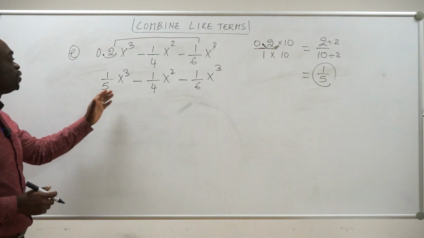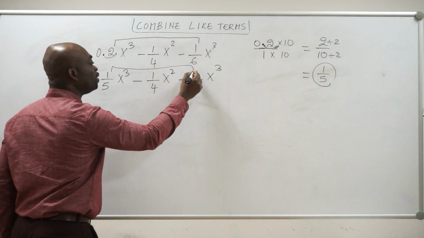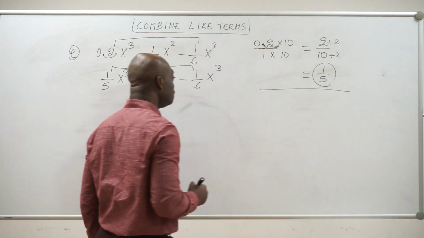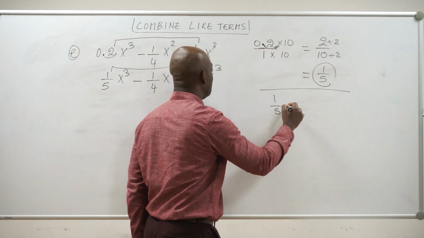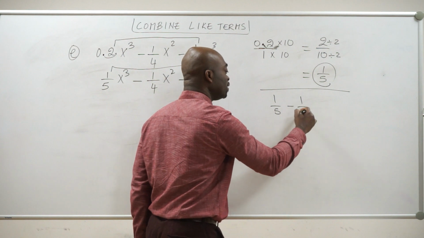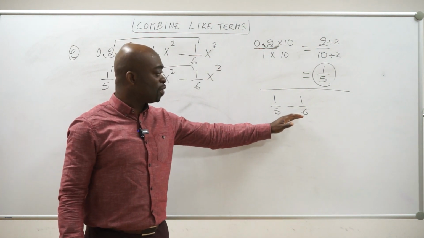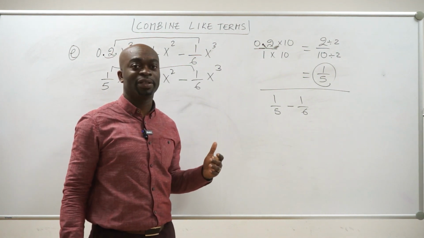So now we're going to combine 1/5 and then 1/6. Okay? So if we come here, so 1/5 minus 1/6. Now, as we did a little earlier, we're trying to combine adding and subtracting two fractions. We got to find the lowest common denominator.